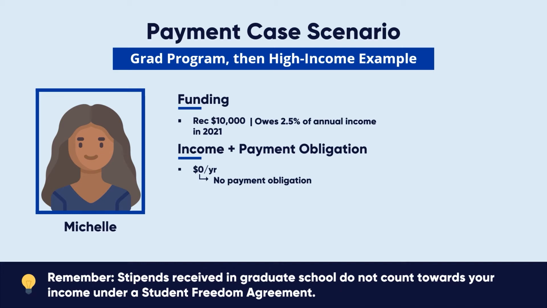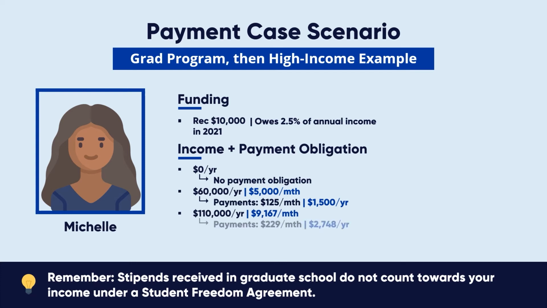Upon graduation from med school, she has completed 4 years of her payment obligation. While in residency, Michelle earns $60,000 and so makes payments of $125 each month in addition to payments on other loans. After 3 years in residency, she earns a yearly income of about $110,000 as a doctor, so she begins making larger payments of $229 each month.